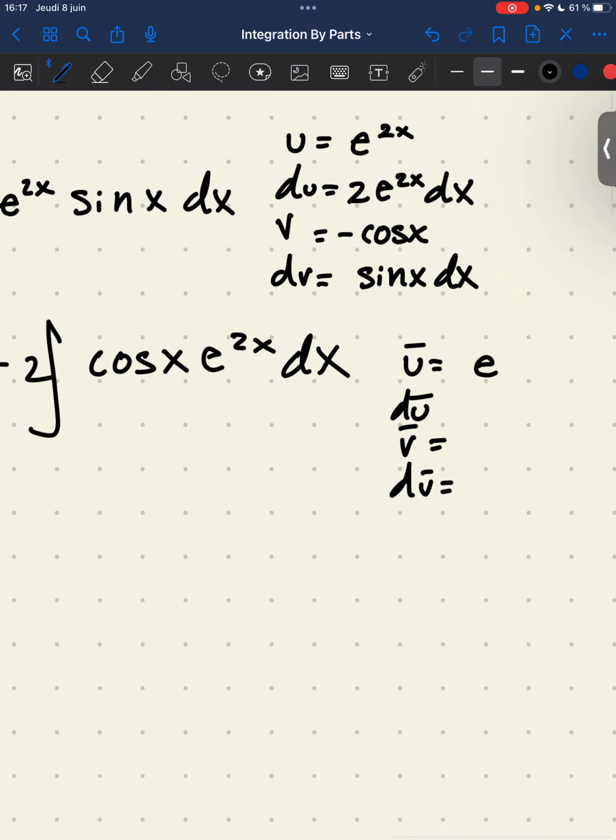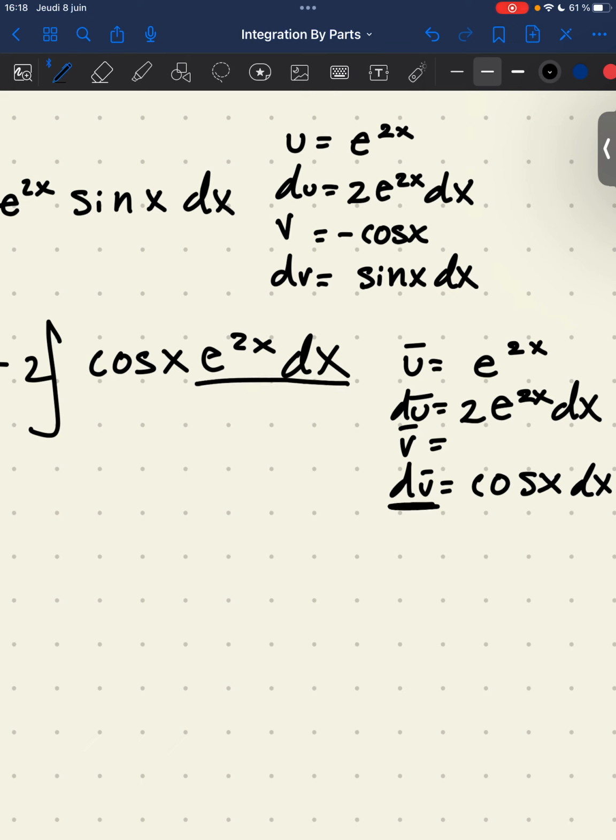So we have e to 2x as our u, 2e to 2x dx. Now for our dv, we will have cosine of x dx. It's not always the same. The dv is not always the one that's next to the dx.